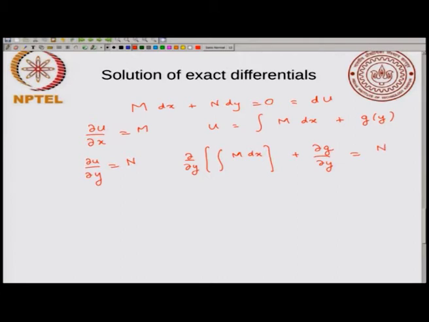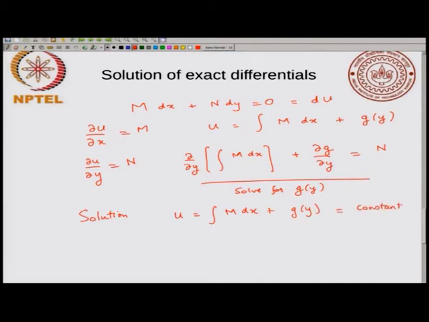And this gives a differential equation in g, so you can solve for g of y. And once you have solved for g of y, then you have your solution of the form u equal to integral m dx plus g of y equal to constant. So, this is my solution of this differential equation.